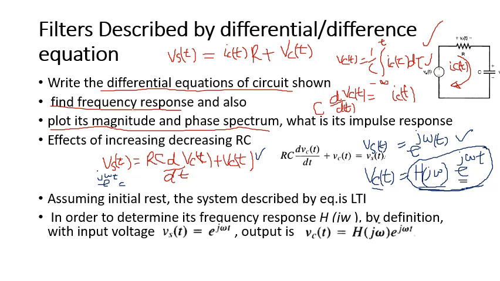If I straight away write here d upon dt of this thing, it is equal to d upon dt of this one, right? This will be e power j omega, which will be treated as a constant, because there is no t involved here.